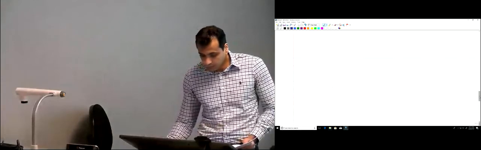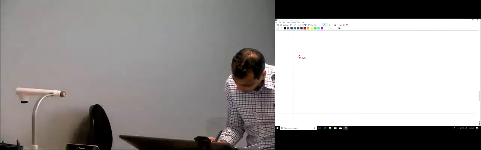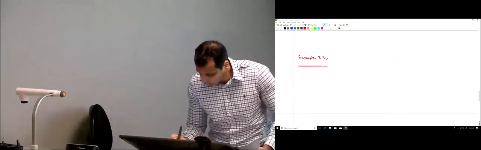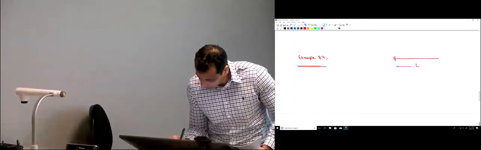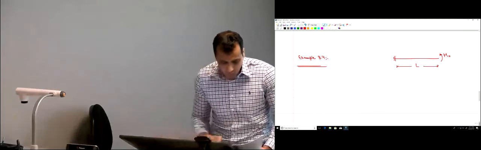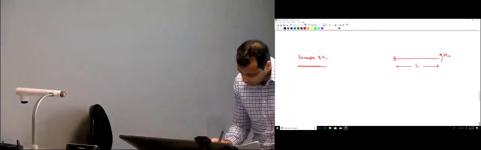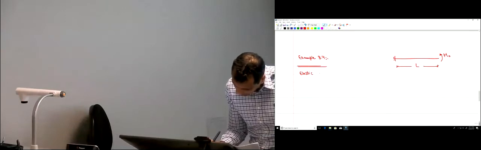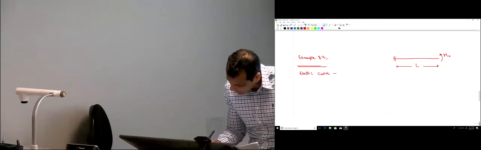Okay, let's see another example here. Example 8.4. In example 8.4, we have a cantilever beam of length L, and there is a moment M naught applied on it. We're required to find the elastic curve equation.